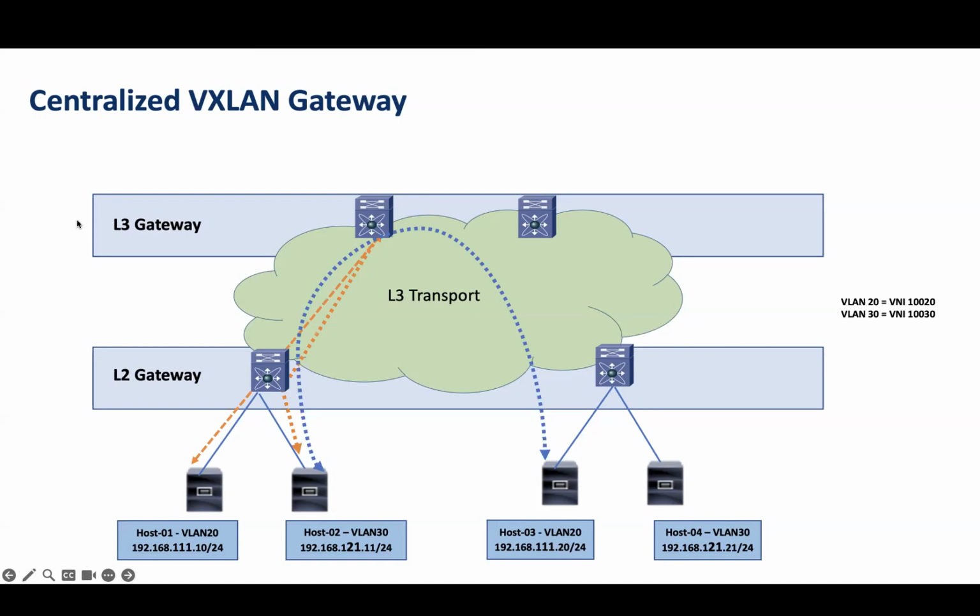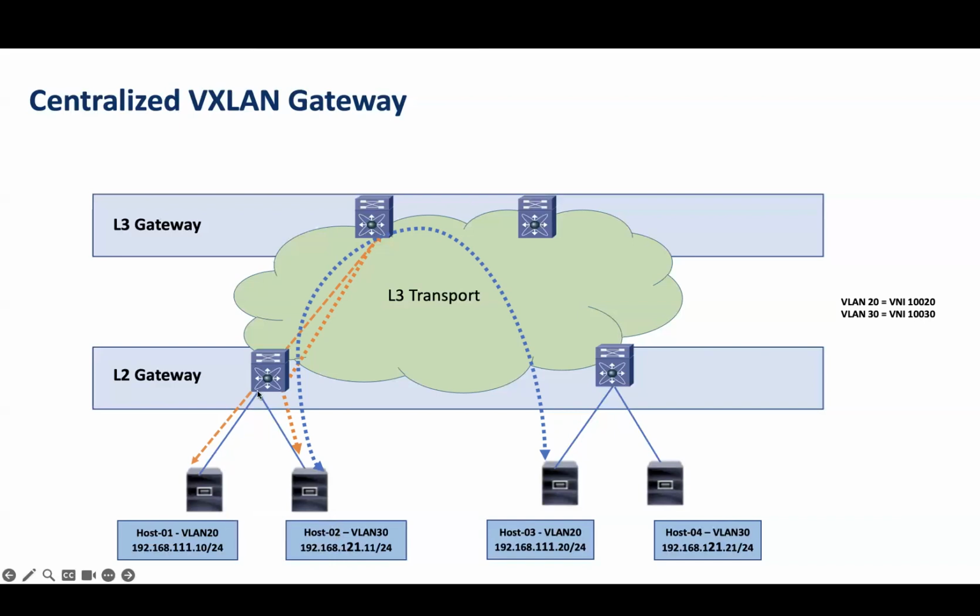Okay. Have you noticed something in this topology? Inter-subnet communication between two hosts connected on the same VTEP or on the same leaf needs to be forwarded via layer 3 gateway. I mean, when we want to send the traffic from host 1 to host 2, then host 1 will send the traffic towards layer 3 gateway as host 2 is in a different subnet.